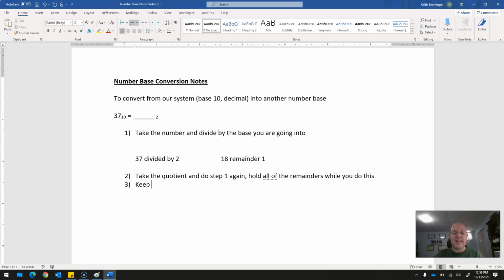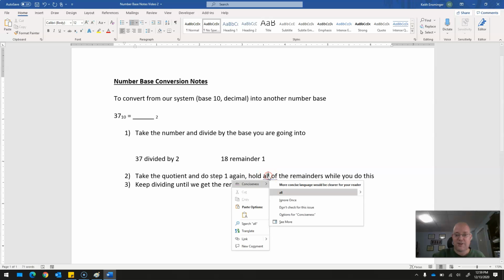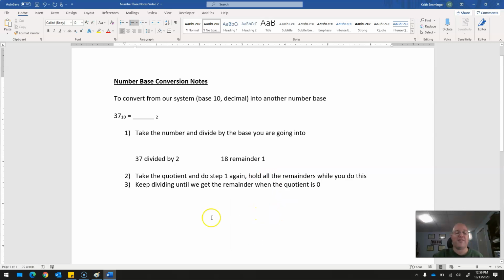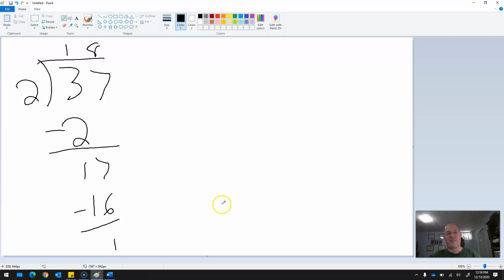We're going to keep dividing until the quotient is 0. When you get down to 0, there's nothing left to divide. And we're going to hold on to all the remainders.